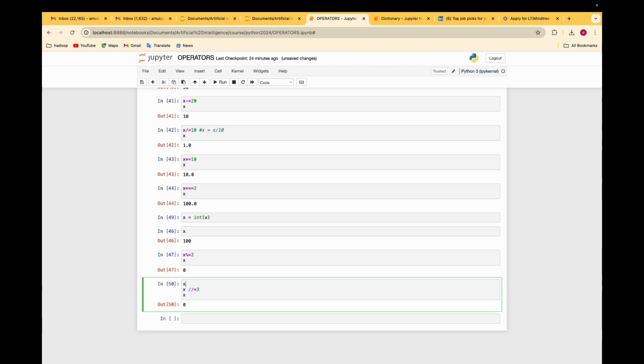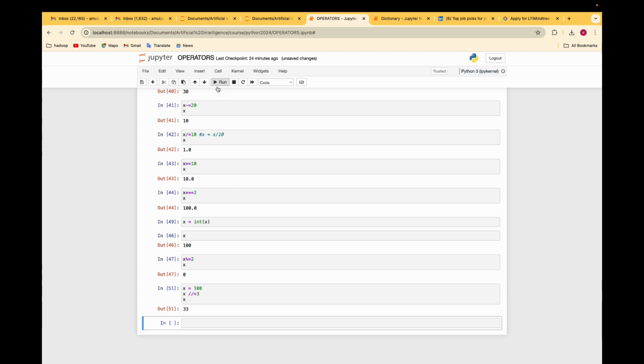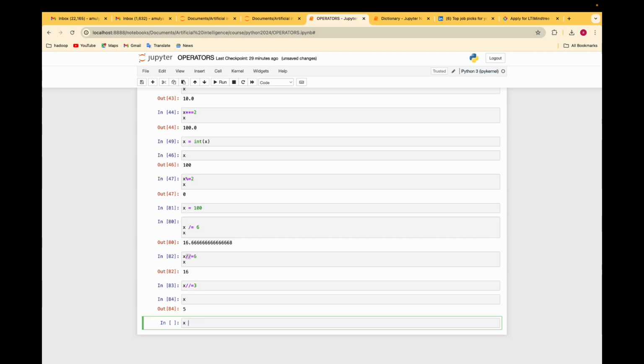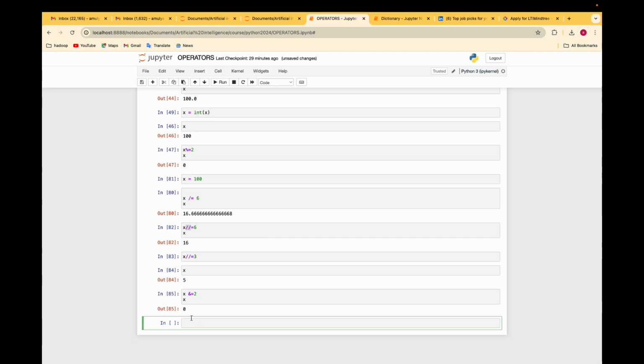Let me reinitialize it. x equals to 100. Now when I perform the modulo operator with this, it's not modulo operator, it's the floor division. When I do the floor division, it says 3. How about x ampersand equals to 2? So it's 0. Okay.